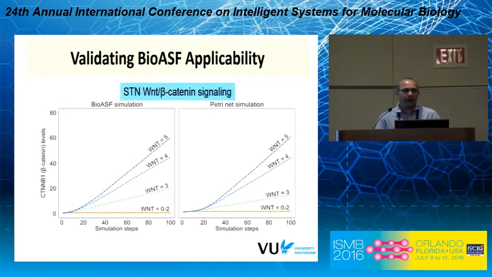Regarding the Wnt beta-catenin experiment, we calculated beta-catenin levels for initial concentrations of Wnt from 0 to 5 over 100 steps. And we got almost the same result as the original experiment.